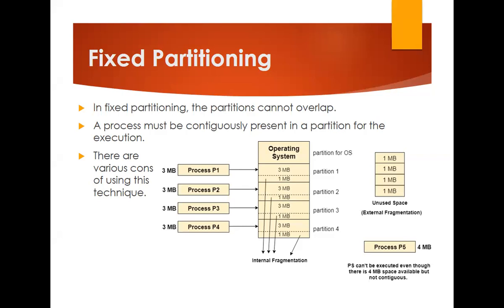My second question, for the fragmentation: what happens to the unused spaces? Okay, they are staying unused. I'm going to come to that. This is one of the disadvantages of fixed partitioning.